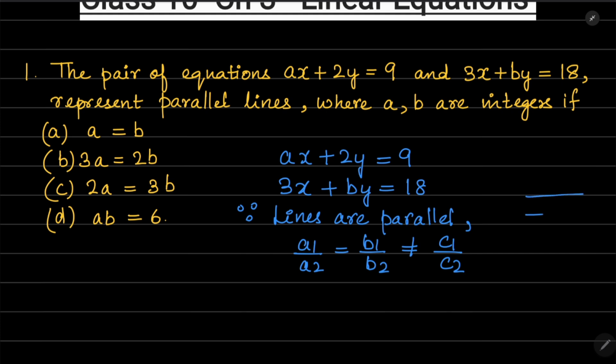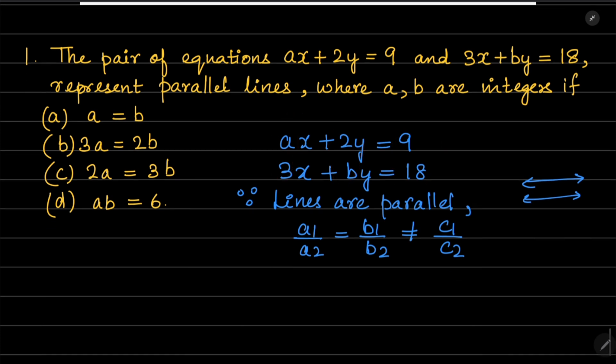Whenever you have got parallel lines, a1 is nothing but the coefficient of x in the first equation. This is b1, this is c1, a2, b2, c2. Now the ratio of a1 by a2 is equal to b1 by b2, but these two ratios are not equal to c1 by c2.